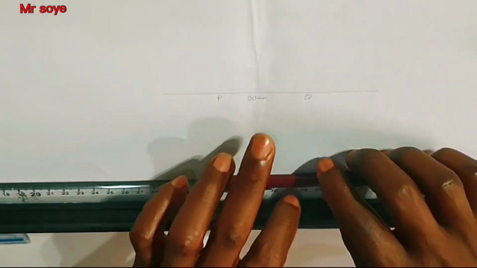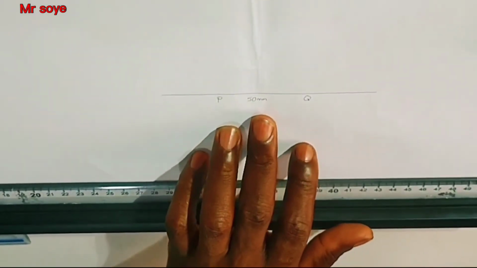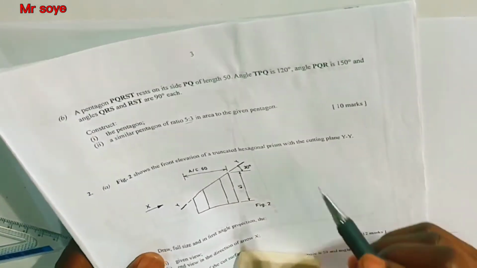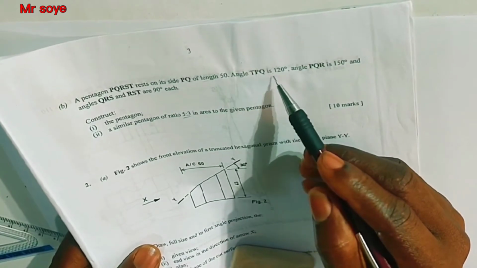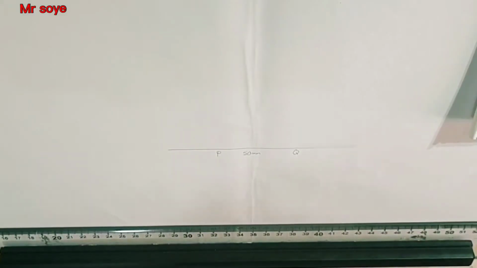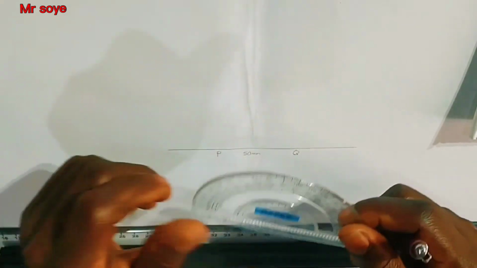millimeter. After this base of 50 millimeter, what is next is to draw our angle TPQ, that is 120 degrees. So what we do is get our protractor.